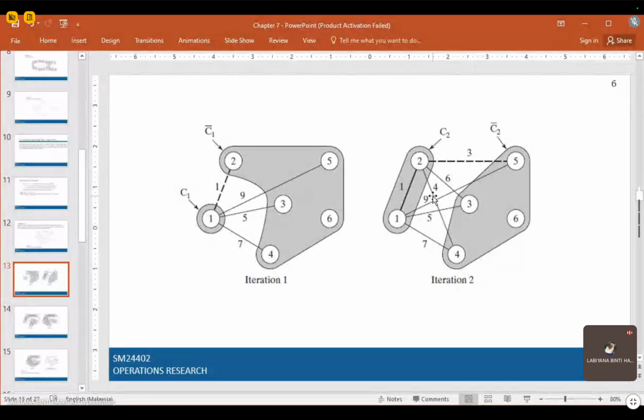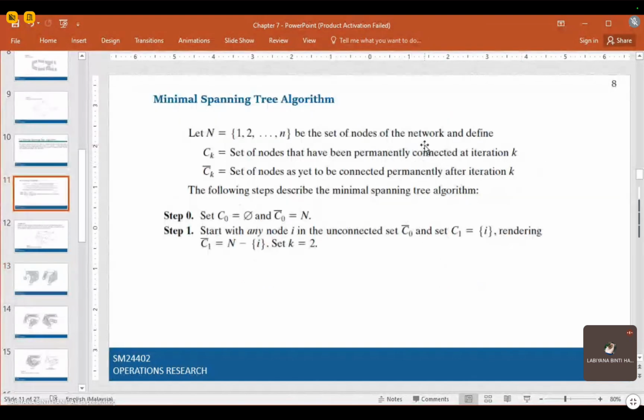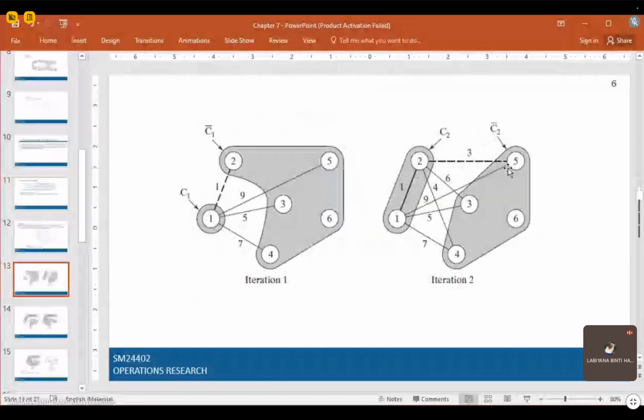So among these 3 arcs, we find the one between node 2 and node 5, the 3 miles, is our next permanent connection. I'm really sorry, I forgot to mention the permanent connection. So 2 and 5 will be our permanent connection.